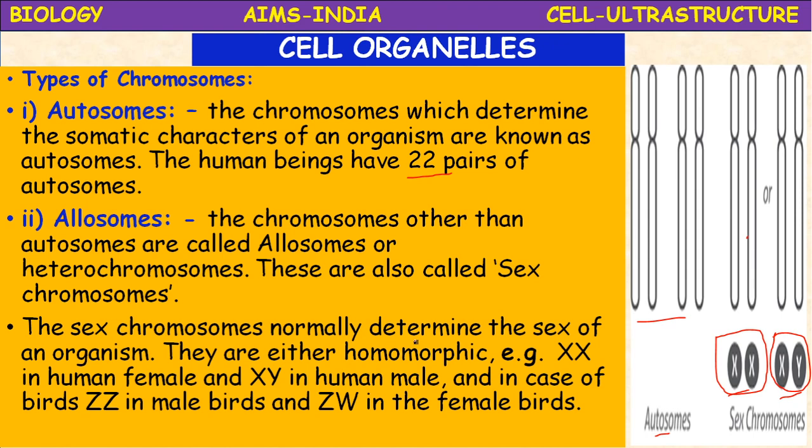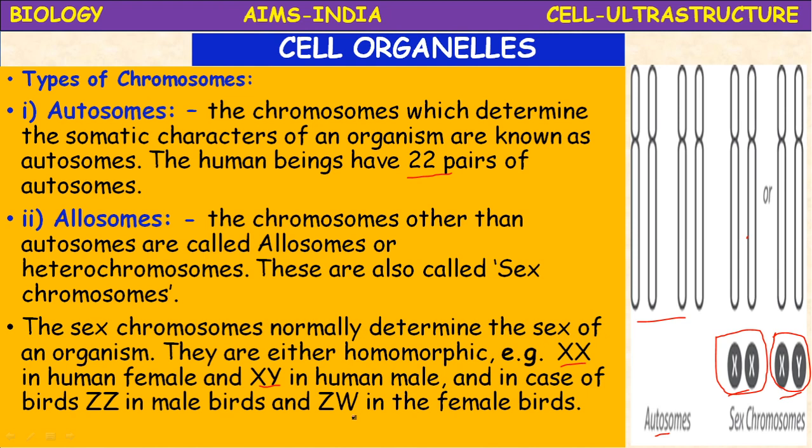They are either homomorphic, XX in a human female, and XY in the human male. In the case of birds, they are represented by ZZ in male birds and ZW in female birds. You have to remember this.